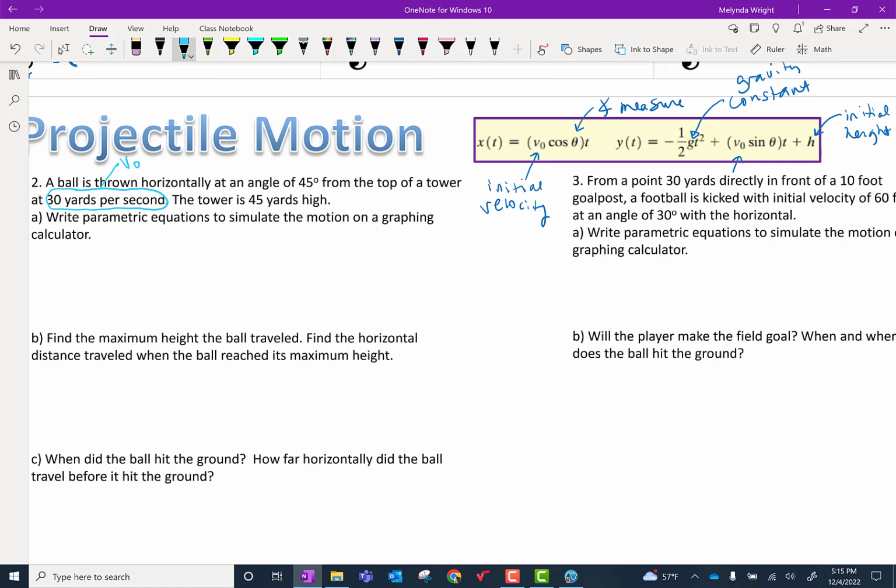This is our H, it's our height. This is our angle measure. And so now we should have everything that we need to write our equation. And the G, I'll give you in just 1 second.